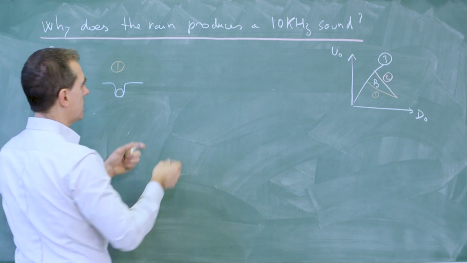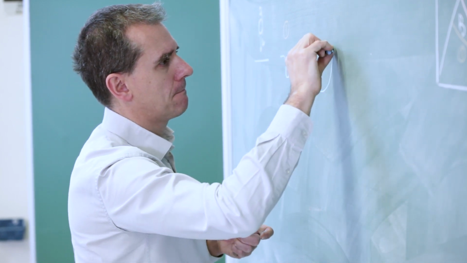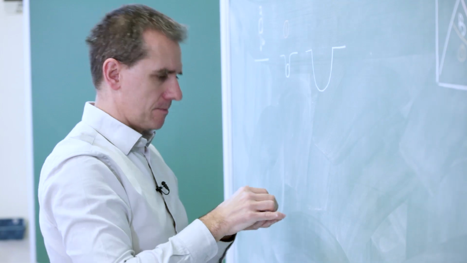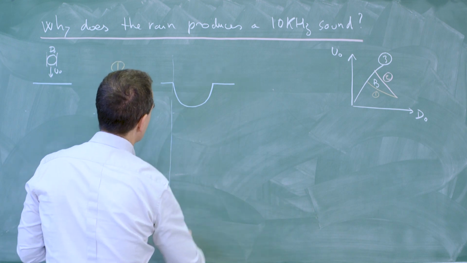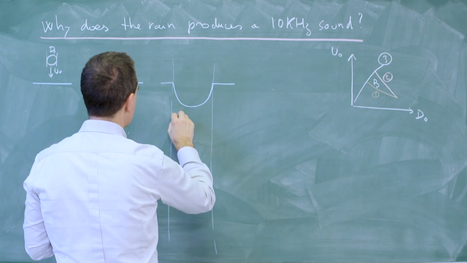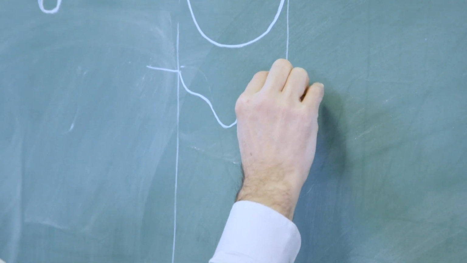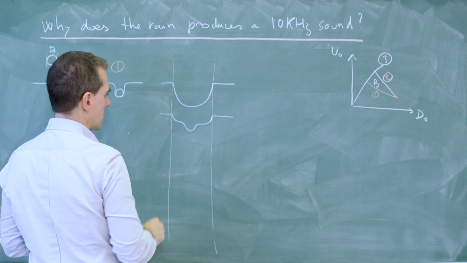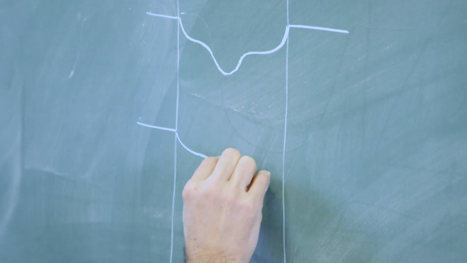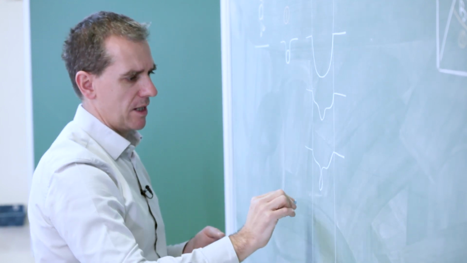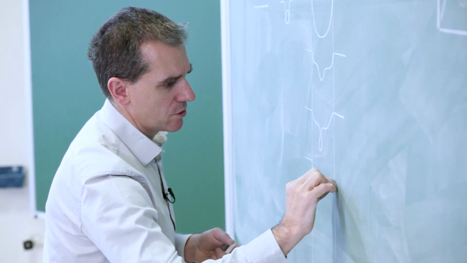Then the impact will create a cavity, and this crater will have a subsequent dynamics. The condition to produce the bubble is that waves will propagate from the edge of this crater towards the bottom part, and as they reach the bottom part, they're going to isolate some part of the air, and this isolation is going to produce 2 things.